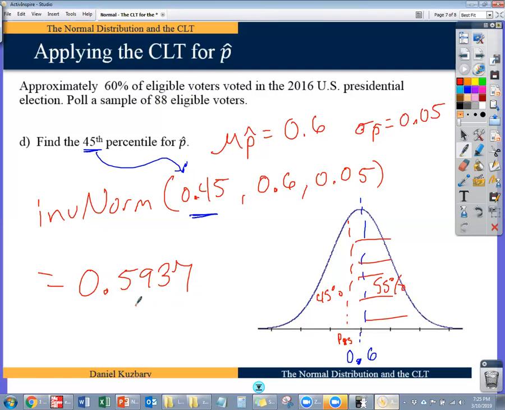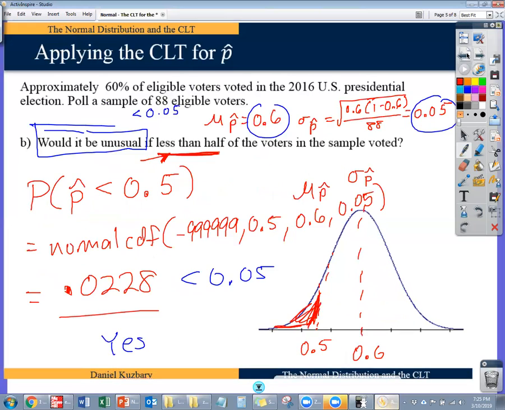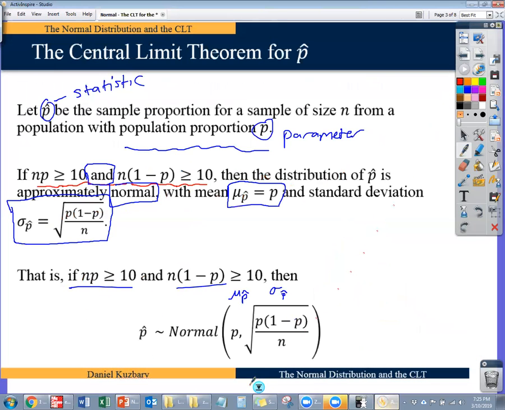So you find the percentile the same way you find percentiles for X bar and with other things with a normal distribution. Use the inverse norm because you're finding something on the number line, and make sure you have the right mu sub p hat and sigma sub p hat using those formulas from the central limit theorem. What makes this different from the one with X bar is that X bar has a different mean and standard deviation than p hat.